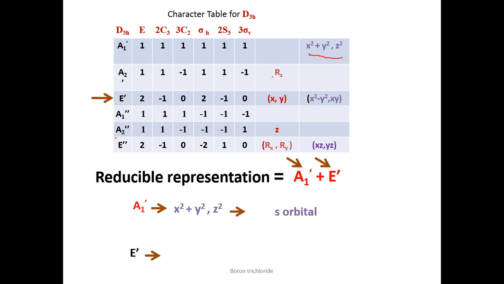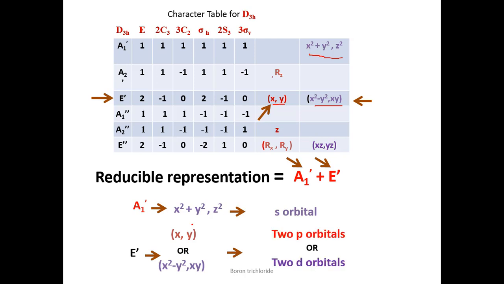Next is E dash in the reducible representation. Against E dash, look at the character table. You find x, y as well as x square minus y square, xy. So you have two options, either x, y or x square minus y square, xy. If you have x, y, it is 2p orbitals, x and y, they represent 2p orbitals. If you have x square minus y square, xy, you have 2d orbitals. So you have two combinations possible.